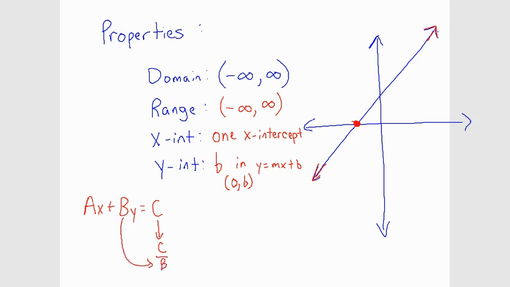So our form is 0, comma c over b in our standard form ax plus by equals c. So that gives you a little bit, maybe you don't have to do all the calculations this time. Maybe all you do is look at, okay, I take that constant that's by itself, divide it by the coefficient of y, and I have my y-intercept.